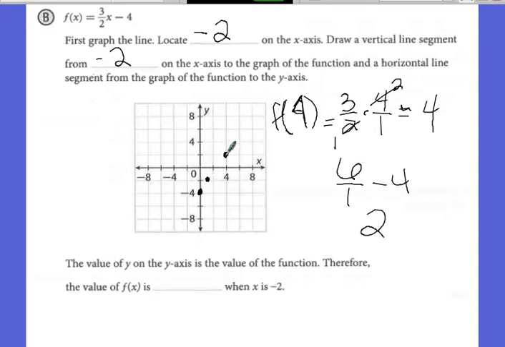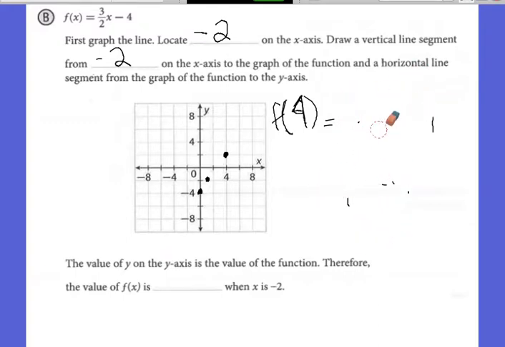All right, now I can go ahead and actually make my line, but I want to be careful because I want to know when it's -2, what do I get? So I might want to extend it back this way a little bit more just to make sure that I have my points in the right place. Because if I draw my line incorrectly, I'm going to end up with an incorrect answer. So let's put in a negative option here.